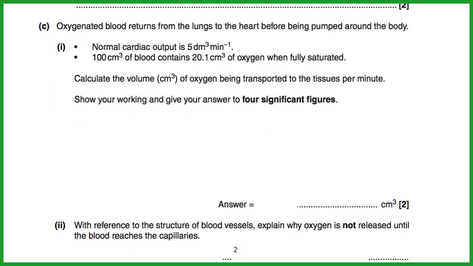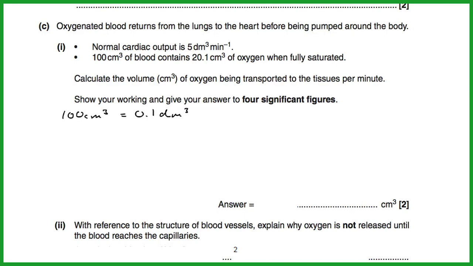Now, oxygenated blood returns from the lungs to the heart before being pumped around the body. Normal cardiac output is about 5 decimeters cubed per minute, and 100 centimeters cubed of blood contains 20.1 centimeters cubed of oxygen when fully saturated. So calculate the volume of oxygen being transported to the tissues per minute. This requires you to know that 100 centimeters cubed is 0.1 of a decimeter cubed.